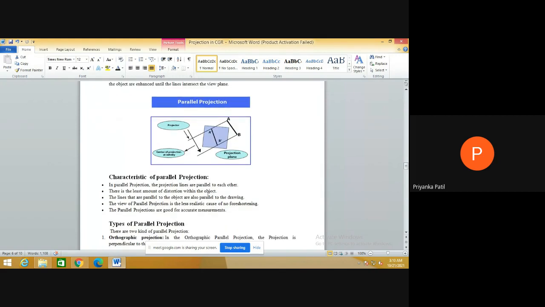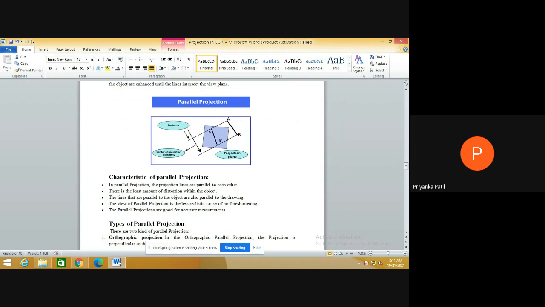The different characteristics of parallel projection are here. In parallel projection, the projection lines are parallel to each other. So there is the least amount of distortion within the object. Parallel projection is good for accurate measurement because it maintains the size and shape of the given object.